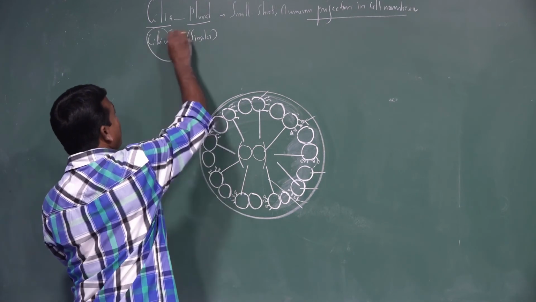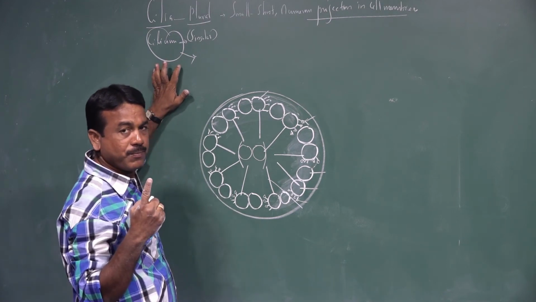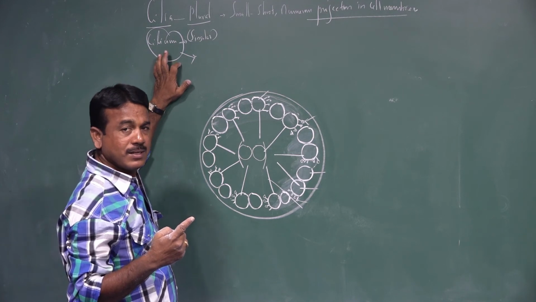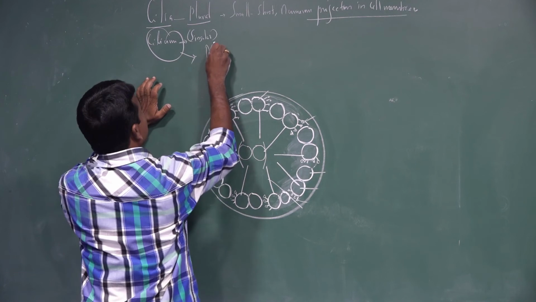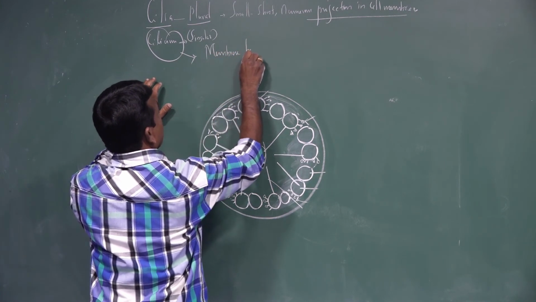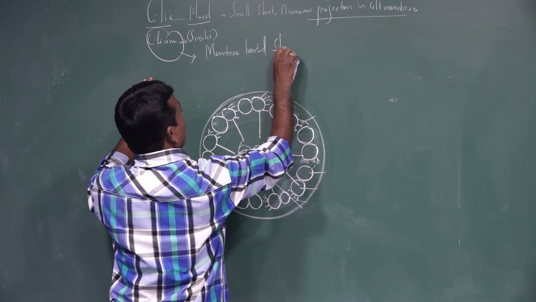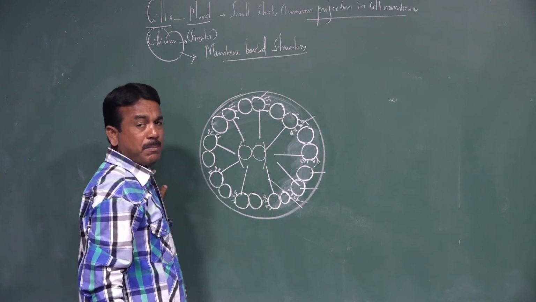For the cilium, the singular form, the definition is: a cilium is a membrane-bounded structure.